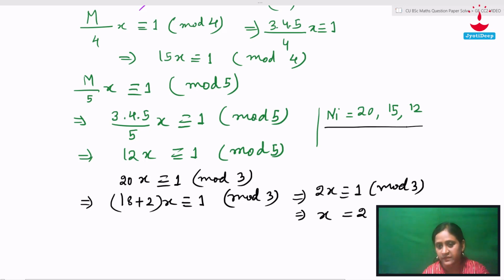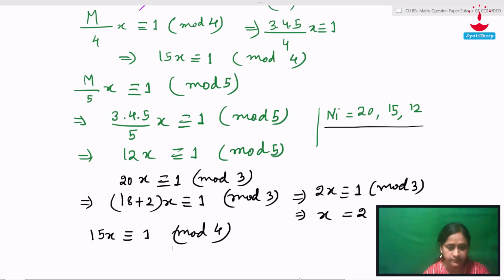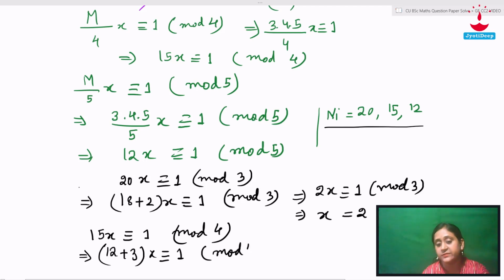Okay, these are nice. For this one, 15x is congruent to 1 under mod 4. So what will we get here? We are going to divide it. 4 3s are 12, so we can write 12 plus 3 into x is congruent to 1 under mod 4.